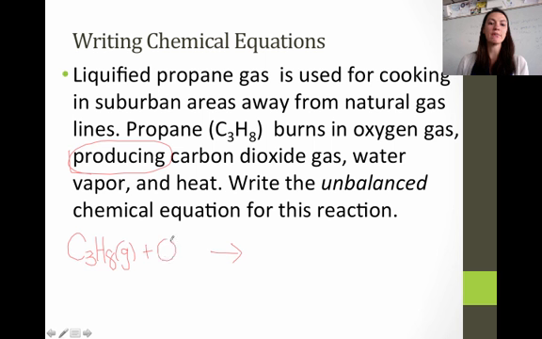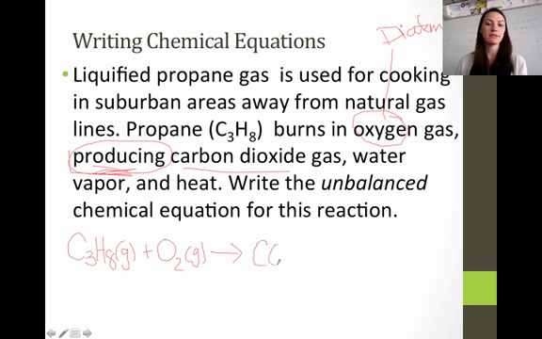We know that oxygen is diatomic, so it's actually O2 gas. Then we yield carbon dioxide, CO2, which is a gas, plus water vapor, H2O, and it says vapor, so it's the gas form, and heat. You can write plus heat there.